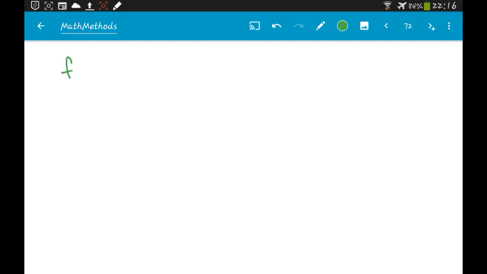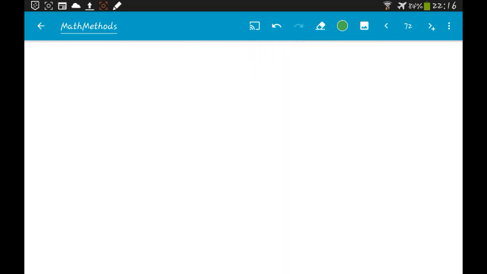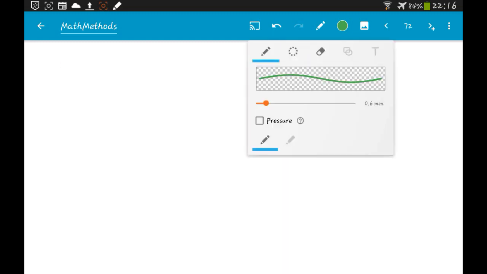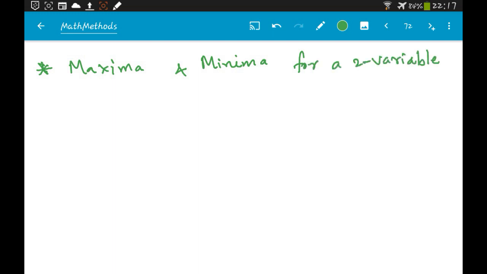So you can have f for a two variable function. So let f be a function of x and y.